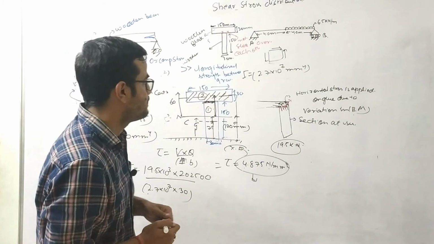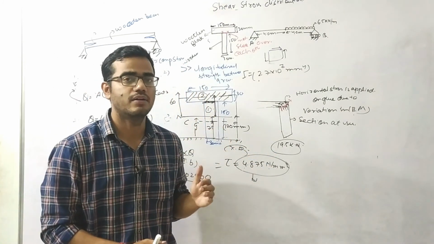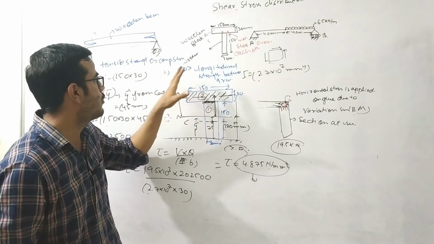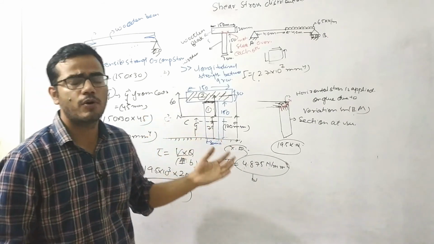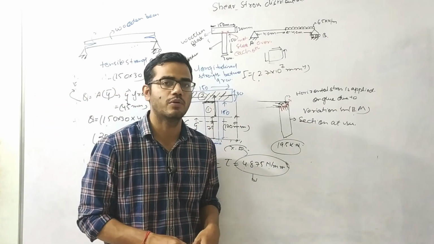So guys, I have discussed this topic, and I tried to show you some assumptions in this formula and the importance of horizontal shear stress in beams. Why do we need to calculate all those things?